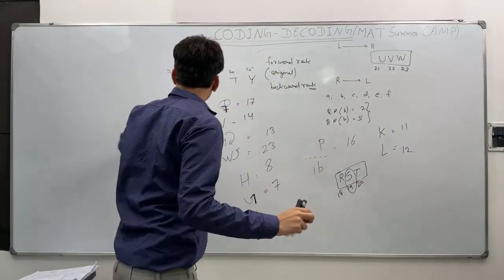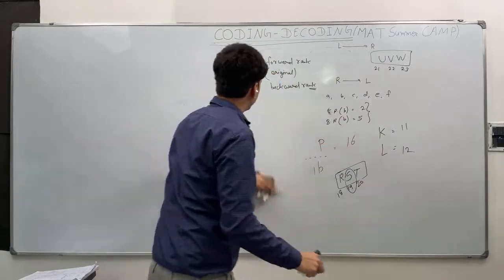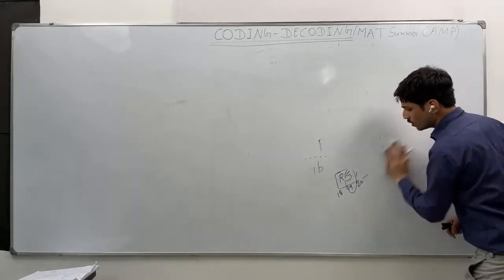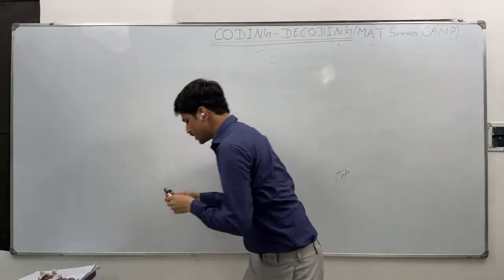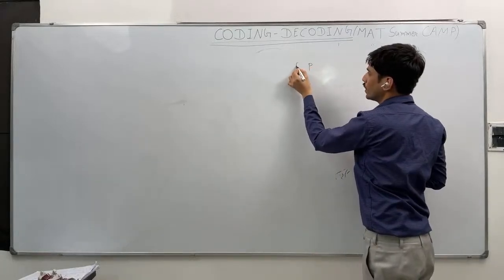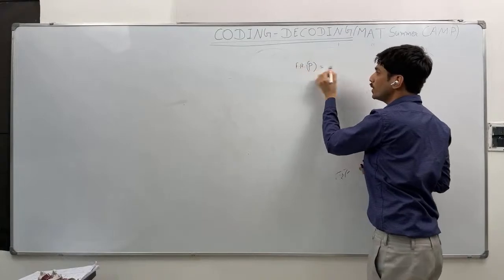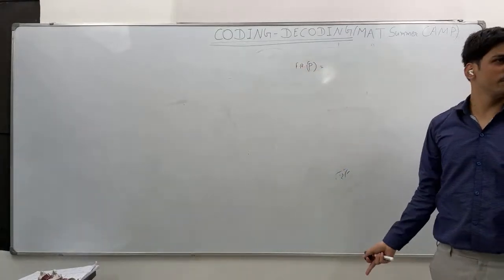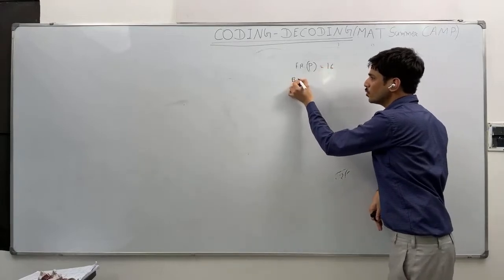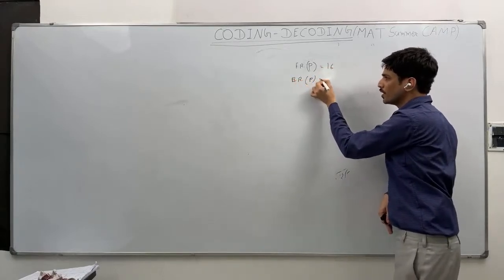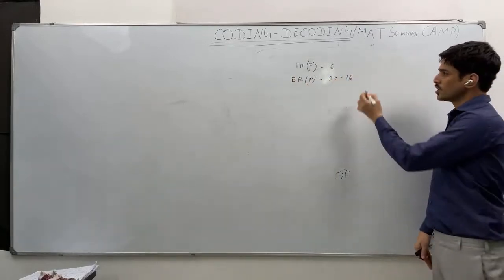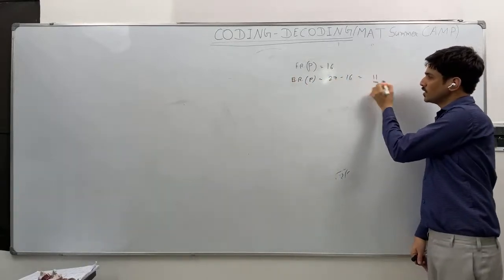So let's say I want to find the backward rank of any alphabet. Let's say P. What is the forward rank of P? 16, right? You remember, this one is 16. If I want to know the backward rank of P, what will happen? 27 minus 16, so what will come here? 11, right?